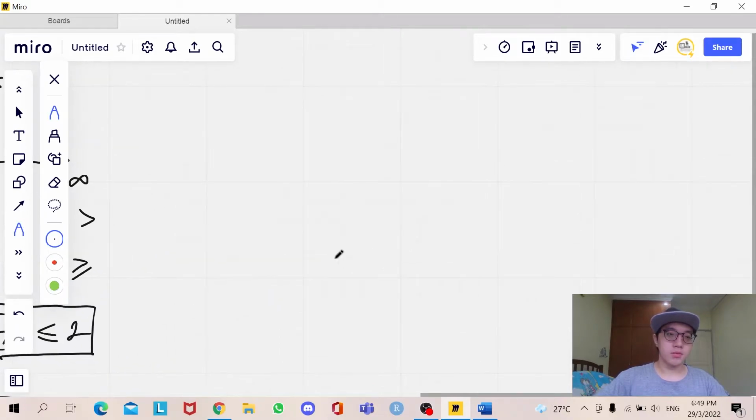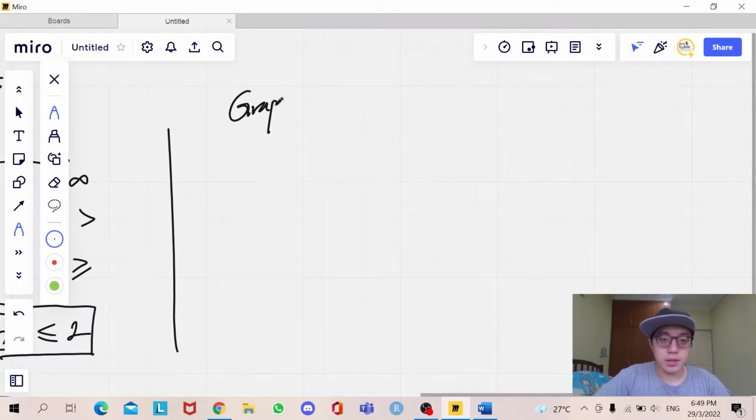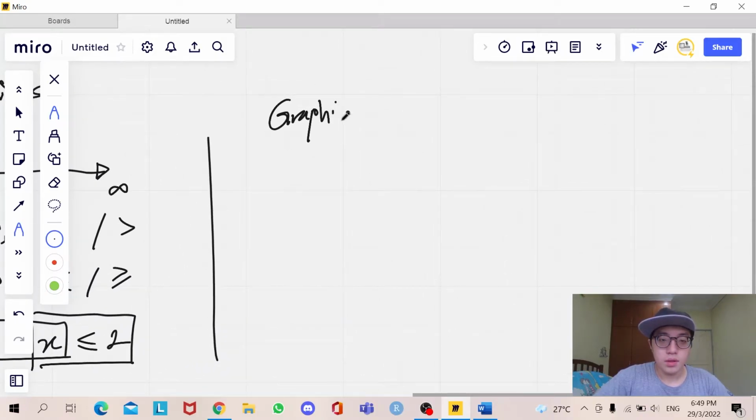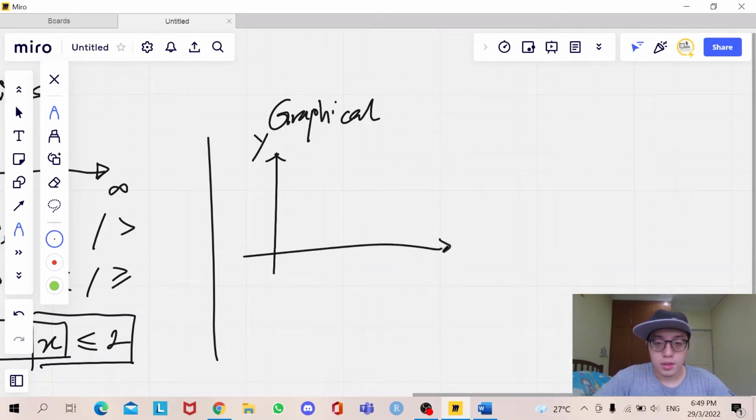And for graphical methods, you will need to know the area which represents larger or lesser than. For graphical, it's in a graph of y and x.